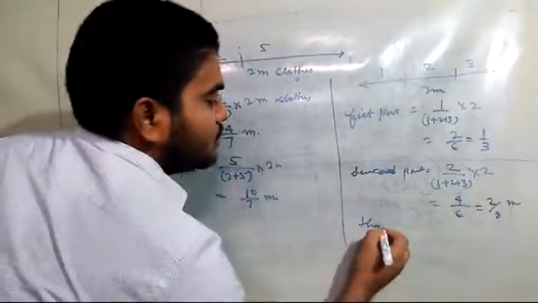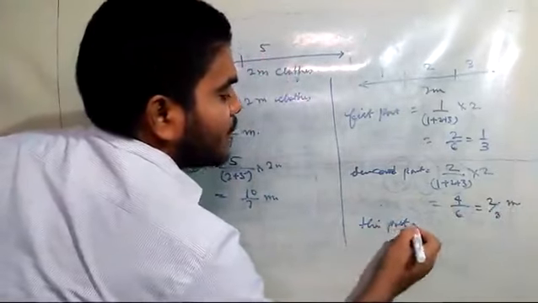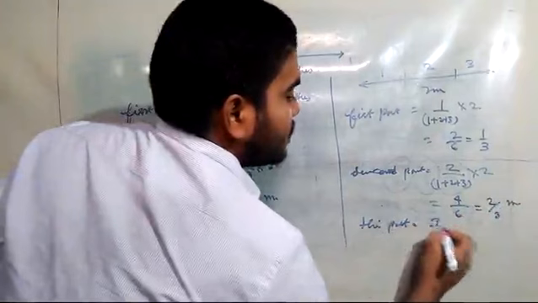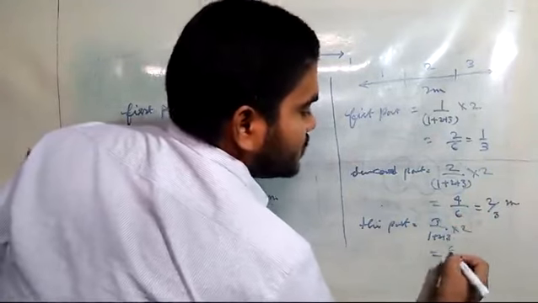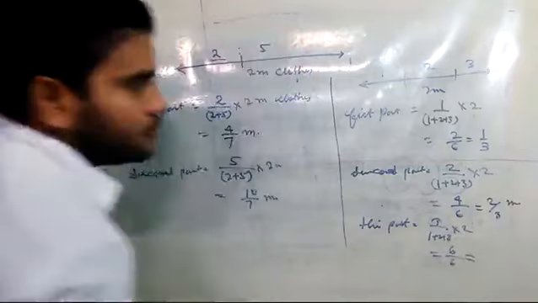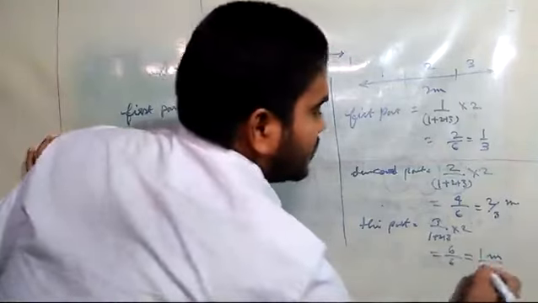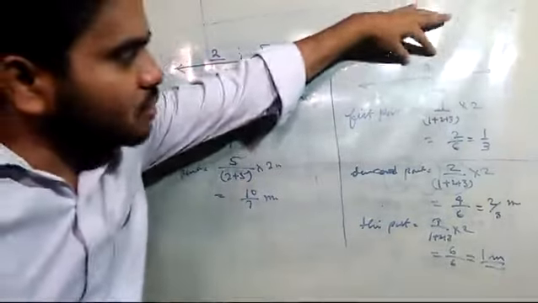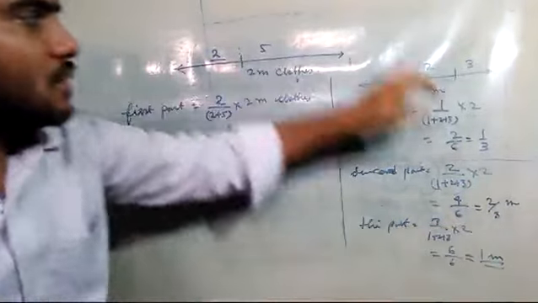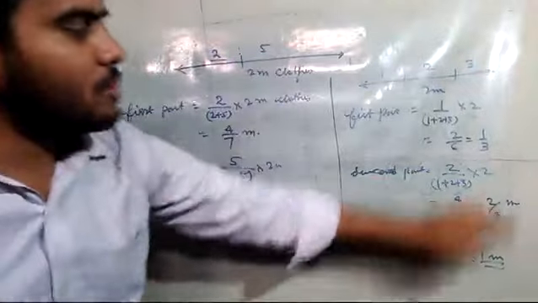Now the third part, you say it will be 3 by 1 plus 2 plus 3 into 2. That means 6 upon 6. That is 1 meter. So this particular portion is equal to 1 meter. This particular portion is equal to 2 by 3 meter. This particular portion is equal to 1 by 3 meter.